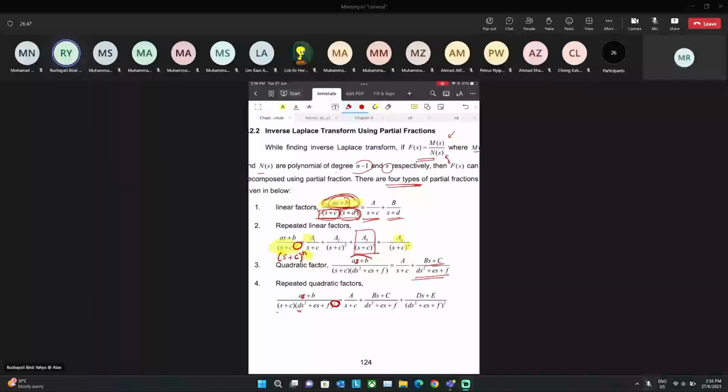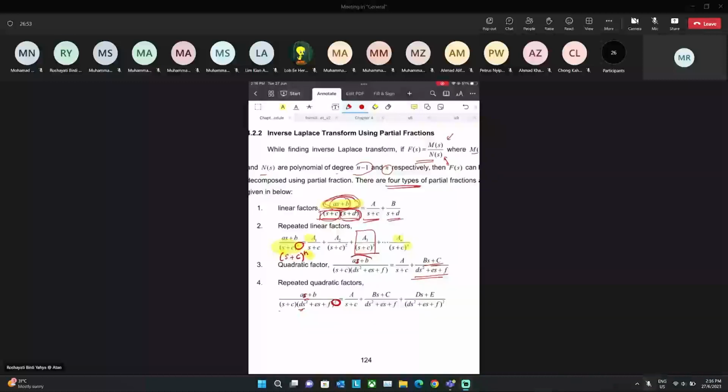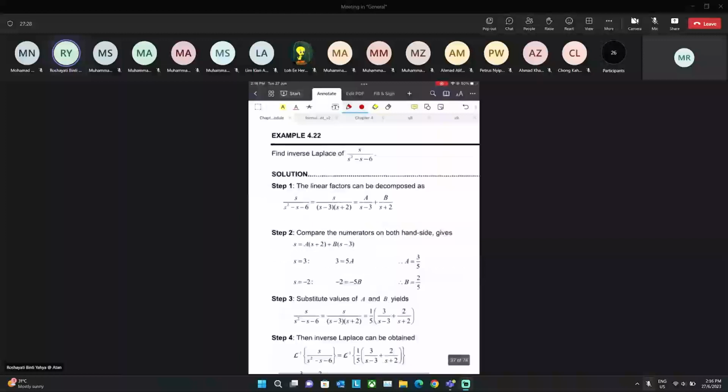So it has both the power of s and also the power of the factor here, so you can use repeated quadratic factors. So the first one is linear, and then the second one repeated, and then quadratic, and then repeated quadratic.